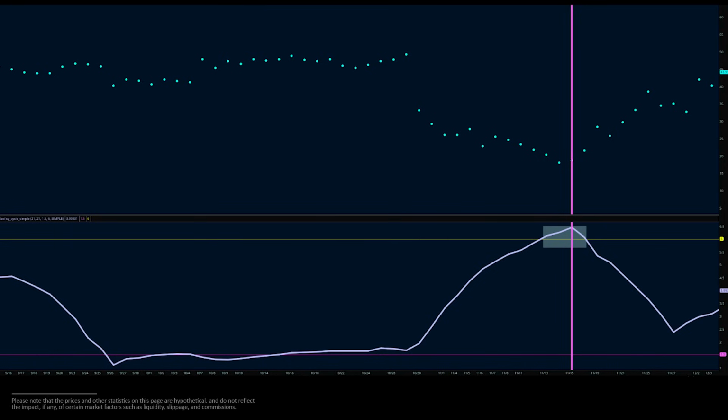We can create a threshold that signals volatility expansion, significant energy spent in the stock. In this case, I'm using 6 ATRs, and that is the yellow line on the chart. And we can use this new signal as a way to prepare for mean reversion.